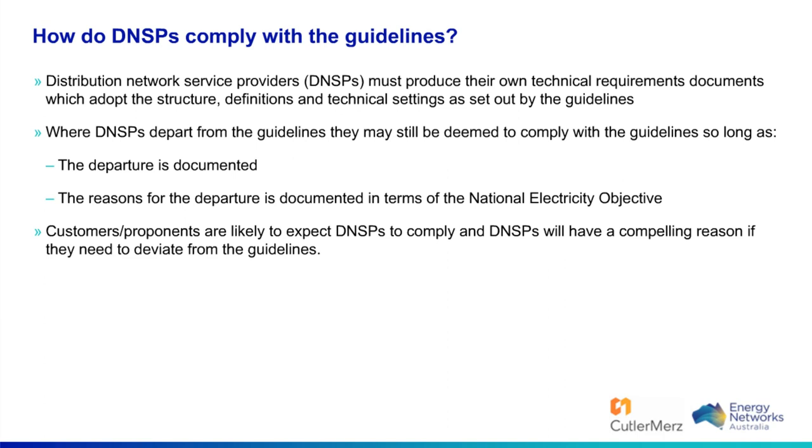So they probably have to provide a good rationale and explanation on why that's going to be slightly different to the others, so people have a good understanding of what's going on there. However, if there is no difference, then the customers and proponents are likely to expect that the networks will have to comply to the standard template.